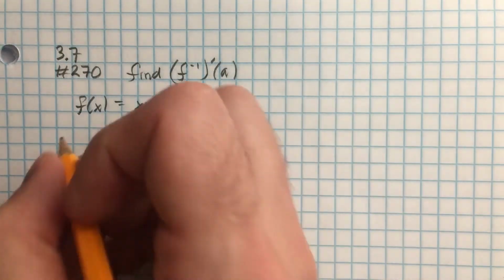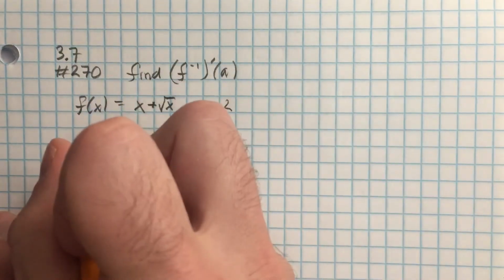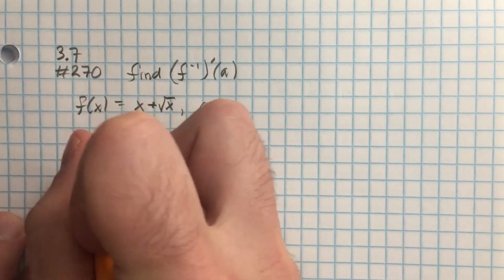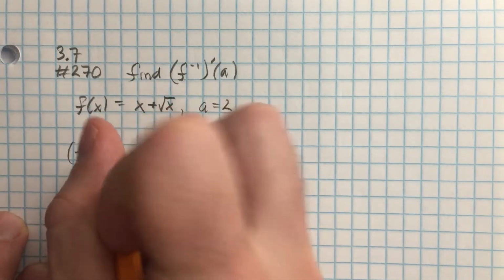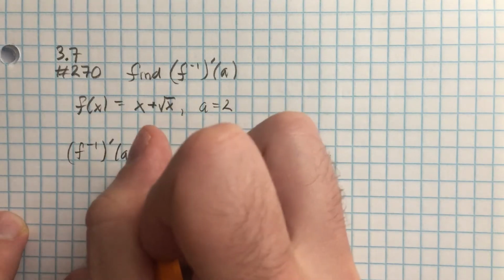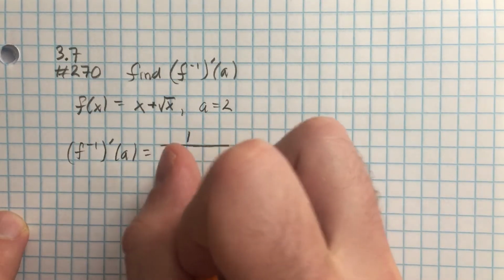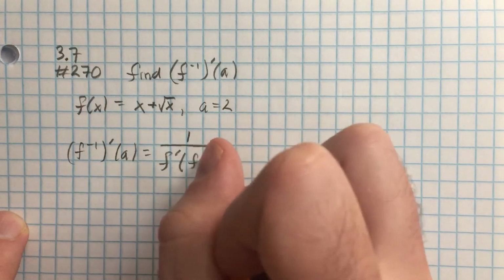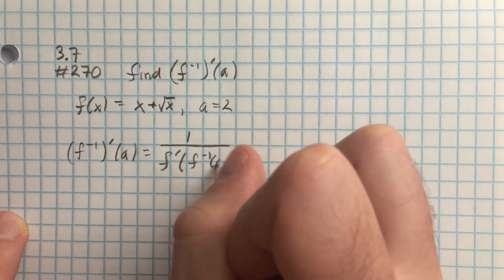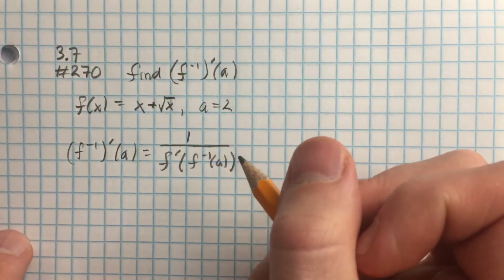All right, so we know from the formula what pieces we need to find. F inverse prime at A is the same as 1 over f prime of f inverse at A.